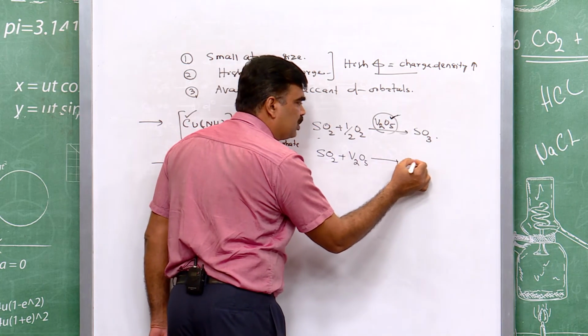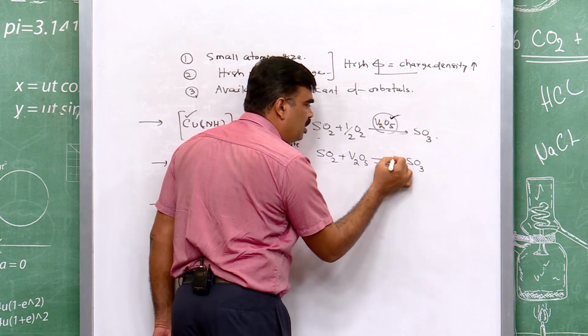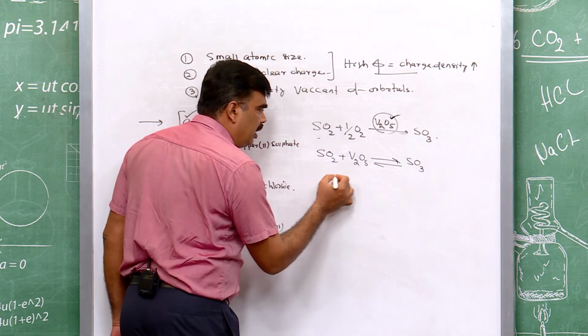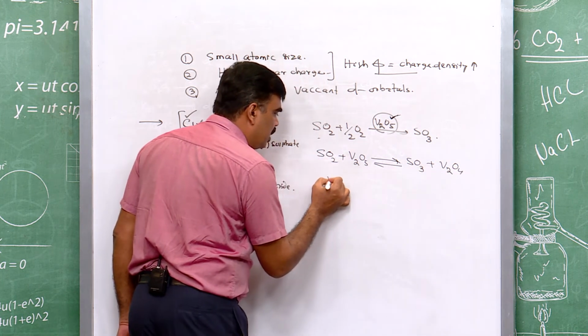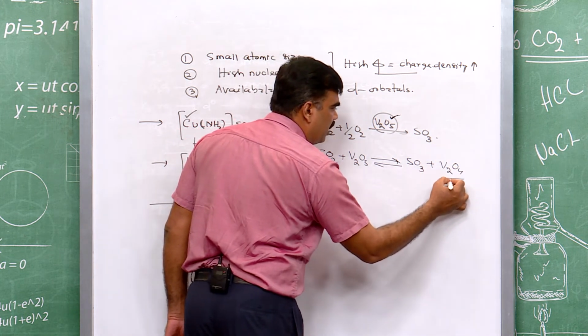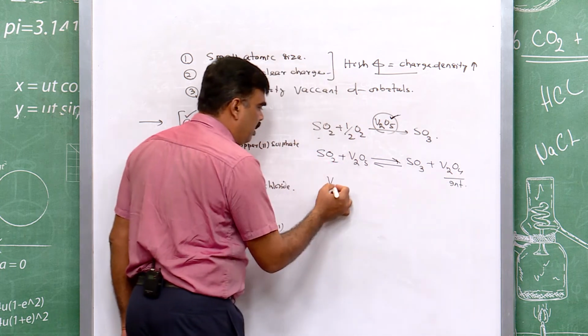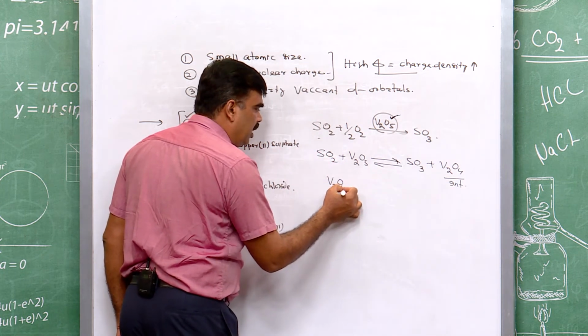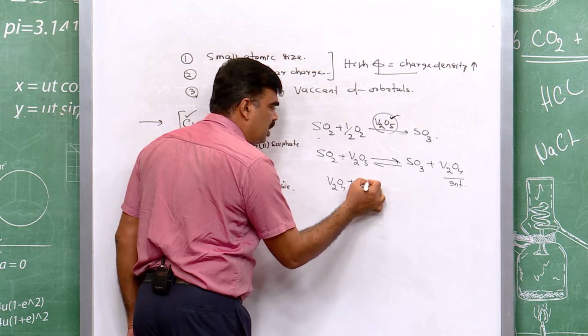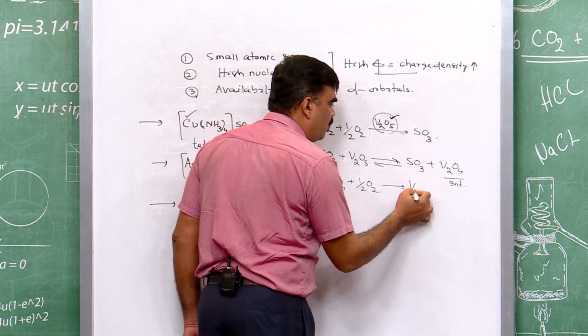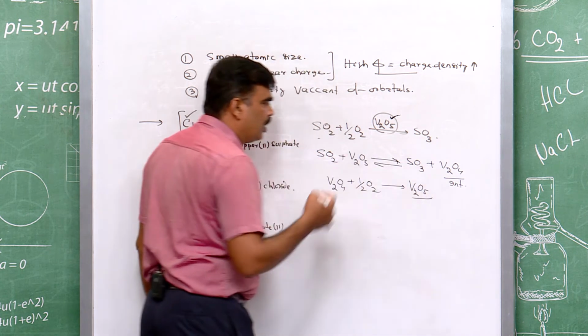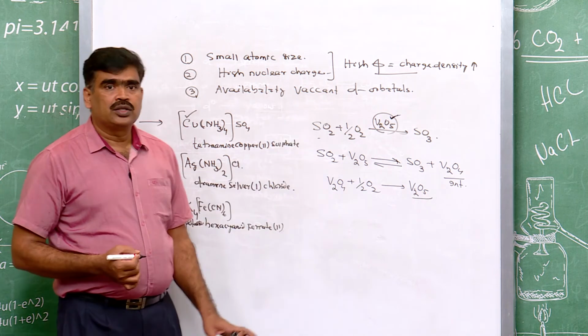So it becomes sulfur trioxide, the reaction being reversible, and the vanadium pentoxide is converted to vanadium tetroxide. This is an intermediate, and vanadium tetroxide then absorbs oxygen from air and converts itself back to vanadium pentoxide. In this way it catalyzes the reaction.